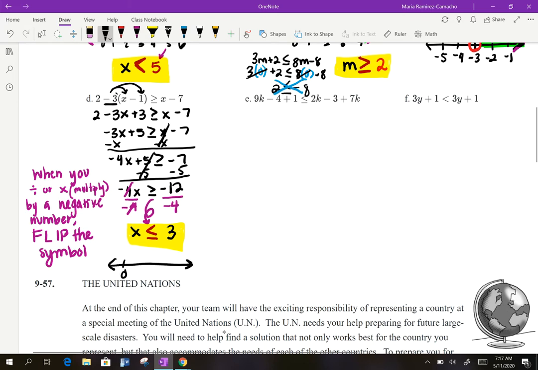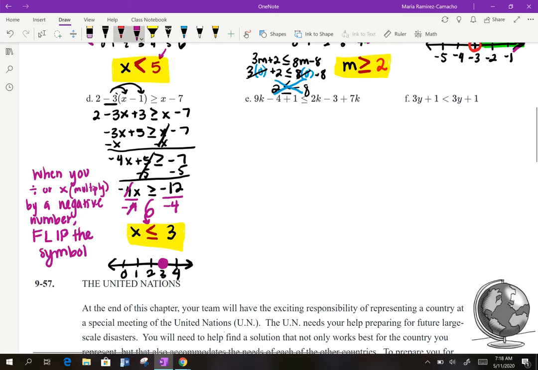So draw a closed circle on your boundary point. Okay, I have a 3 here, so draw a closed circle there. And again, the inequality symbol in our solution looks like an arrow that's pointing in the direction that we shade.